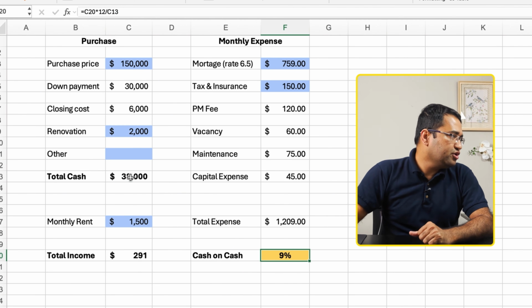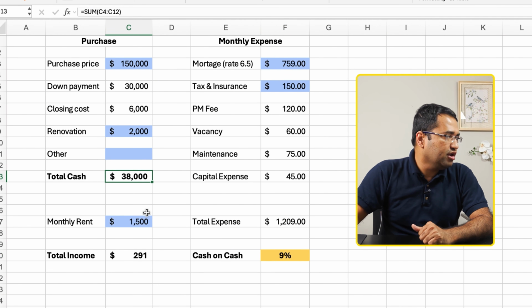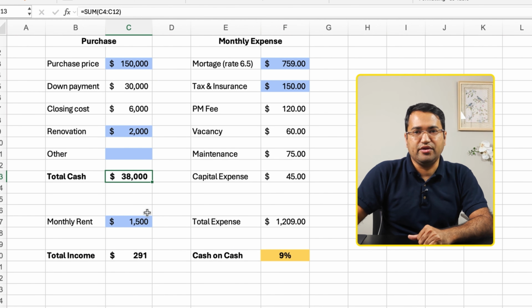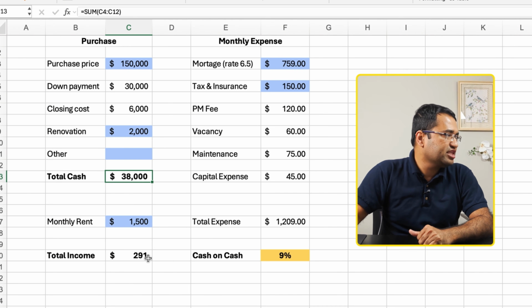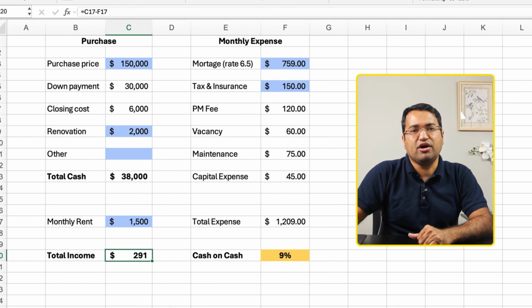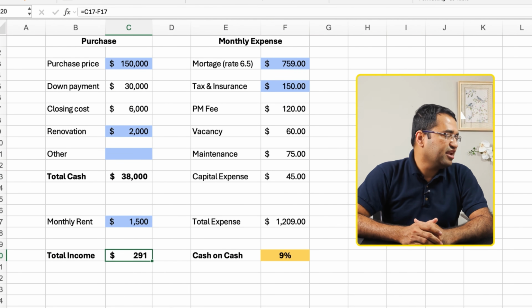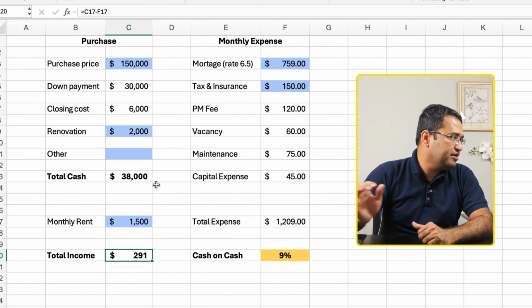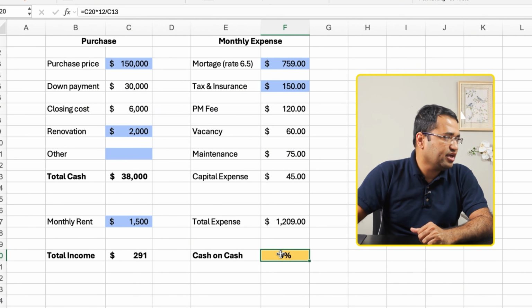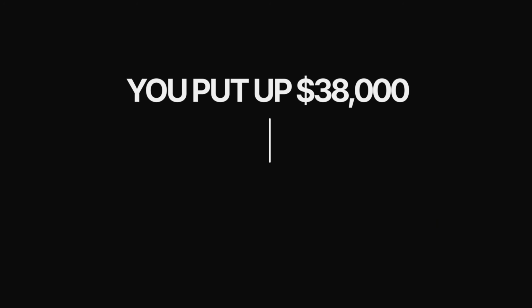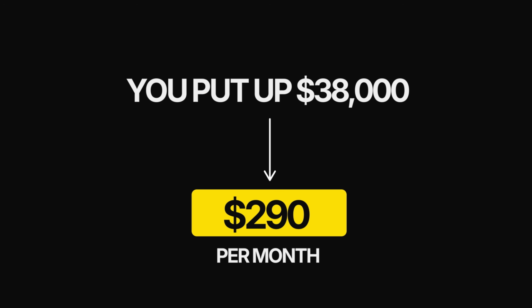If you are putting a total of $38,000 on the closing table, and after all the expenses your income is $291 per month, you take that for the year and divide it by the total cash, so you get 9%. So that's your actual cash on cash return. It means you put up $38,000, you are getting back $290 per month. The percentage of my invested capital that comes back as cash flow every year.